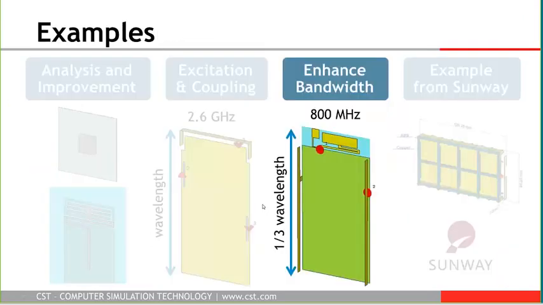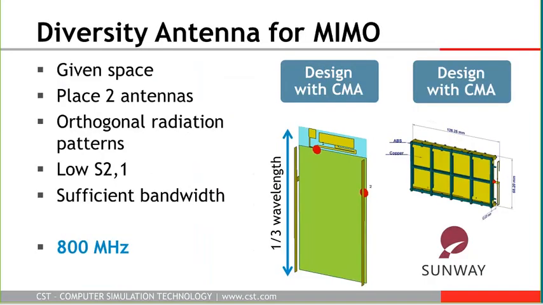So let's go to the next example, which will be quite similar to the one I showed you right now. Again, the task is the same. We should design antennas for MIMO operation. So we have a given space, we have to place 2 antennas, and so on. The difference is that we have a different frequency band.